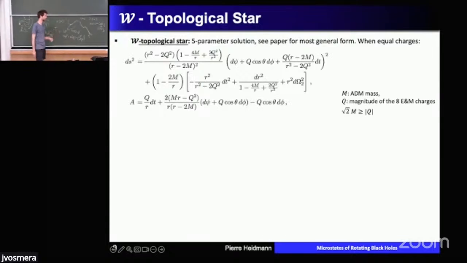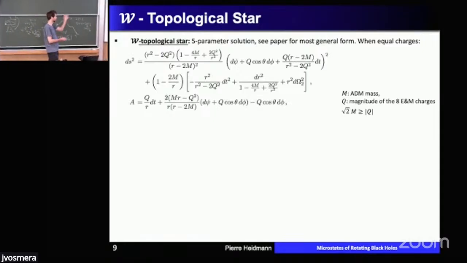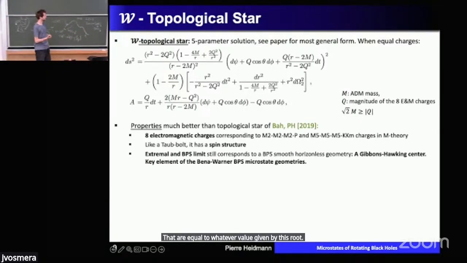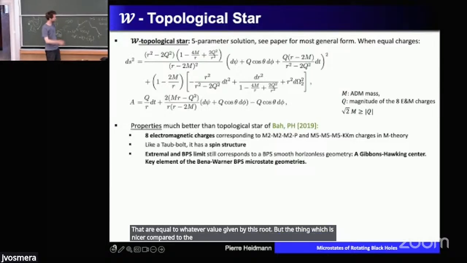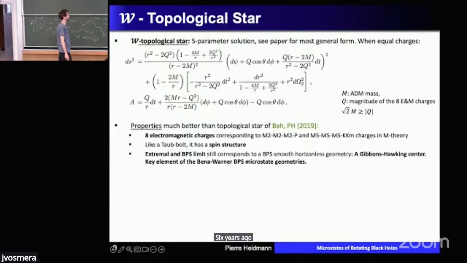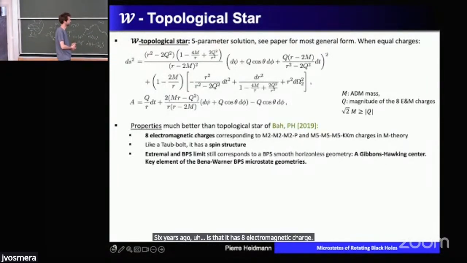So the solution is entirely smooth, and you just have a regular circle pinching off at R equal to whatever value given by this root. The thing which is nicer compared to the previous solution I built with IBU 6 years ago is that it has 8 electromagnetic charges. I don't know if it's a good point actually, but it has 8 electromagnetic charges.